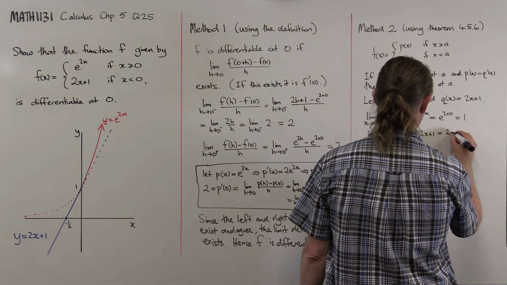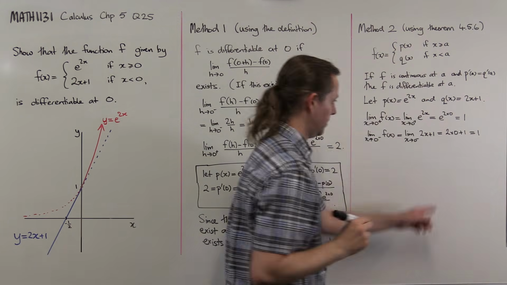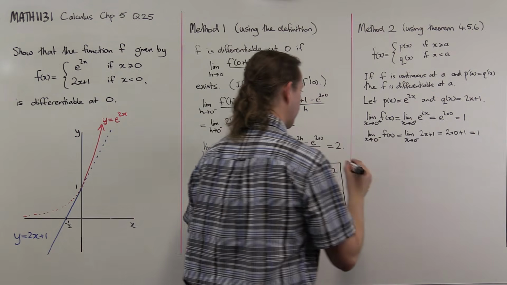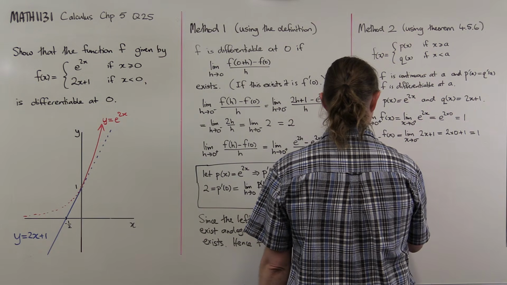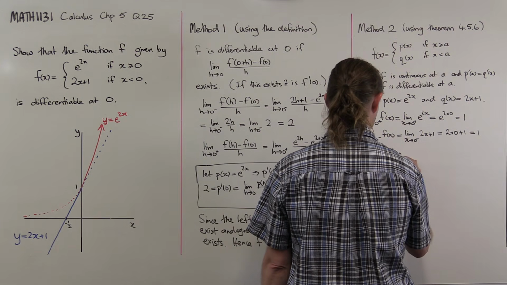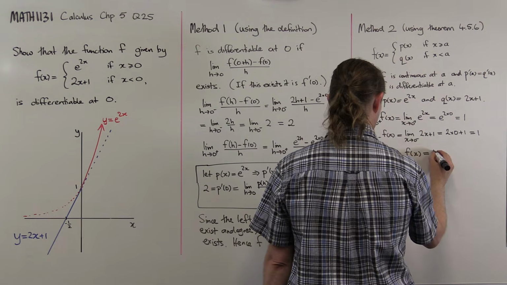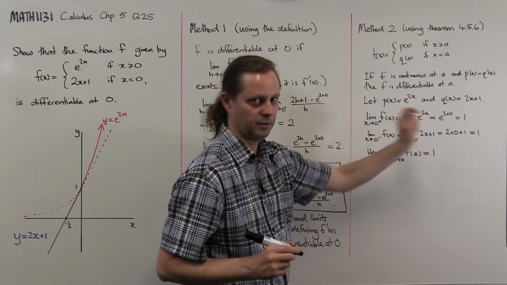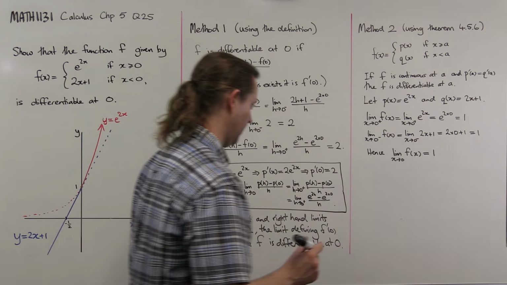So that's 2 times 0 plus 1 equals 1. This is the same limit on both the left and the right, so they agree. So we can conclude that the limit as x tends to 0 is 1, because the left and the right hand limits both said it was equal to 1.